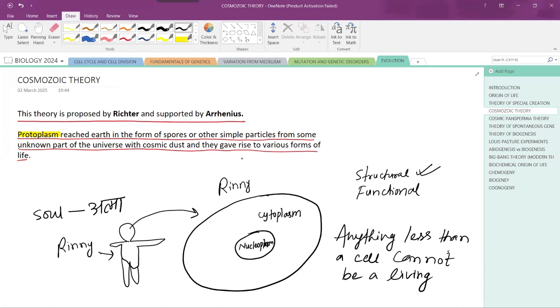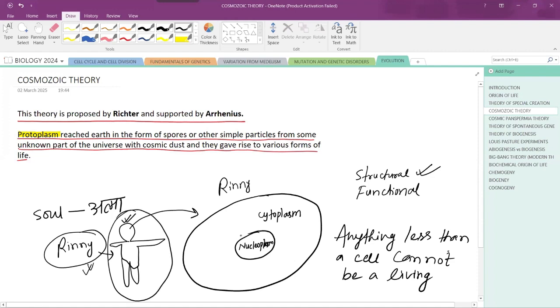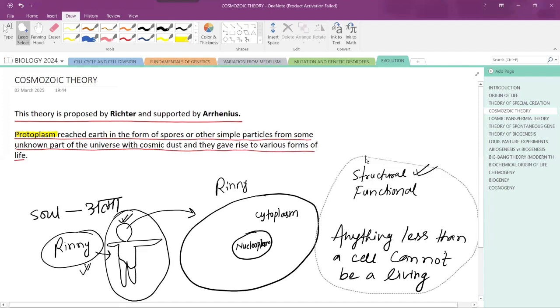I can call a cell which is extracted from Rini by that name, because all the information about this girl, who is named Rini, is also present inside this cell. Is it or not? Yes. So if this body is called Rini, then why is this cell not Rini? Okay, understood or not? Yes.